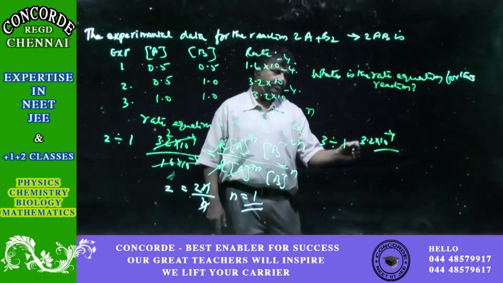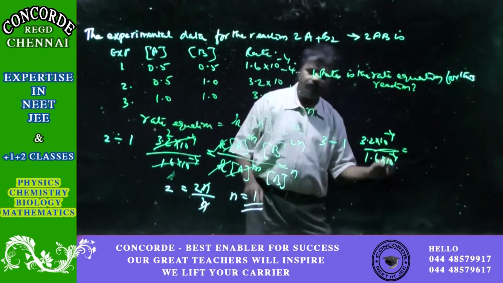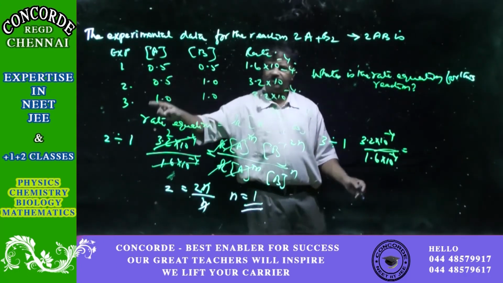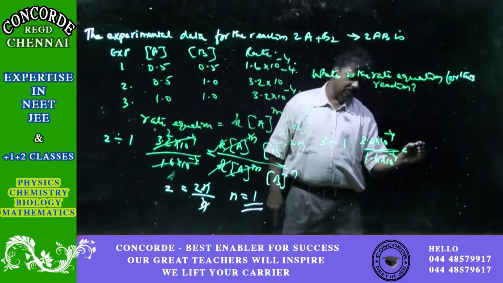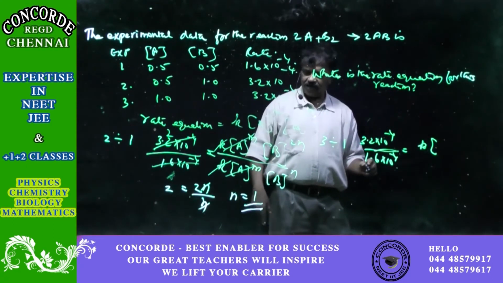Okay, 3 by 2 divided by 1.6 into 10 power minus 4 is equal to, so what happens here, the second equation is k into a power 2 times a.